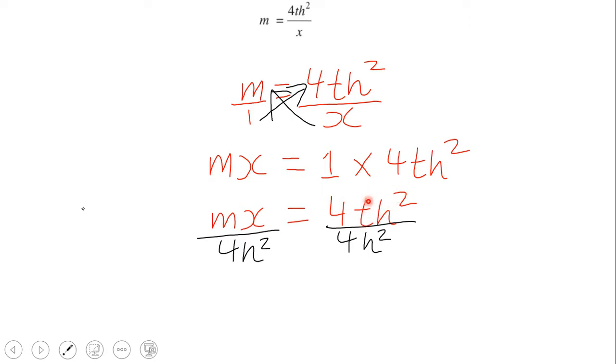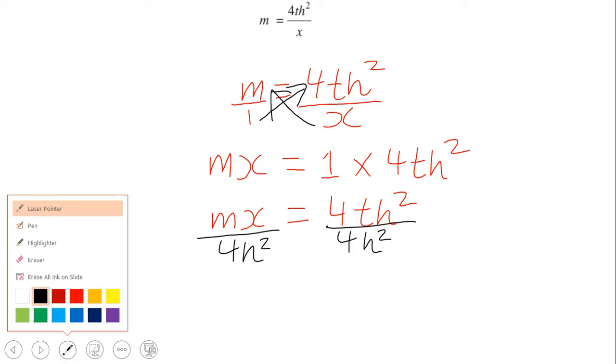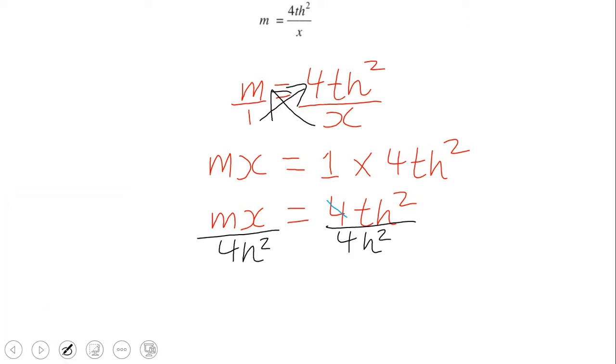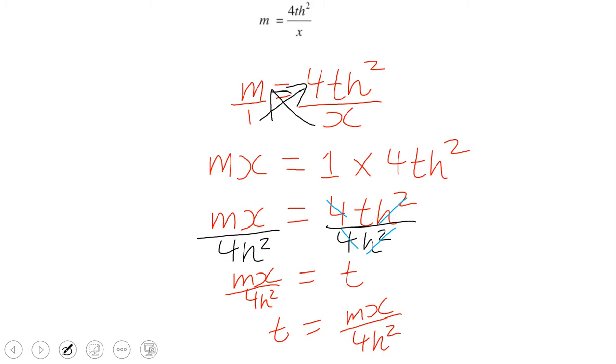We only want t by itself. And so we're able to cancel the 4 with the 4, the h squared with the h squared, leaving us simply with t on the side equal to mx divided by 4h squared. And we can switch it around, and that's fine. It's going to be t equals mx divided by 4h squared.